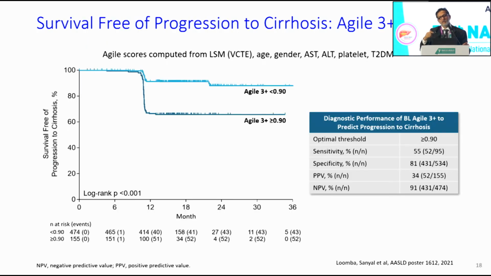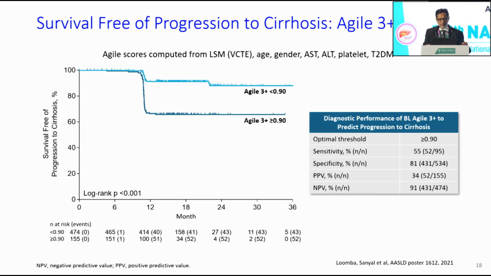The other is, for these reasons, because of the limitations of liver stiffness, secondary scores have been developed. So for example, the FAST score was developed to identify clinically significant fibrosis, stage 2 or higher, with a cutoff of 0.3. Similarly, the Agile 3 score is developed essentially to identify those with stage 3 or 4, which is called advanced fibrosis, and Agile 4 for diagnosis of cirrhosis.